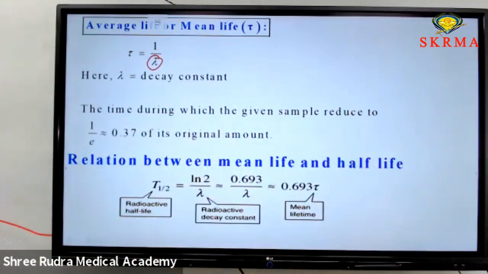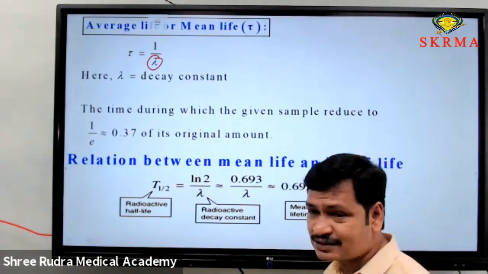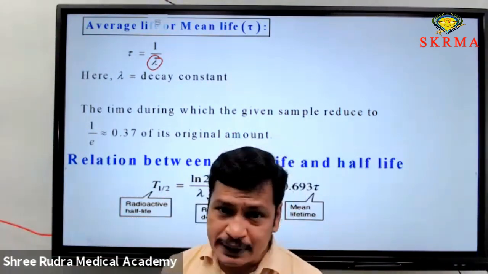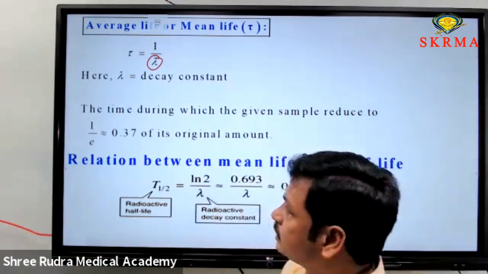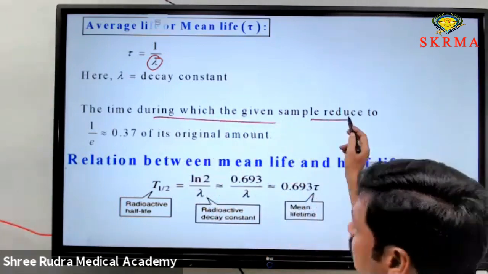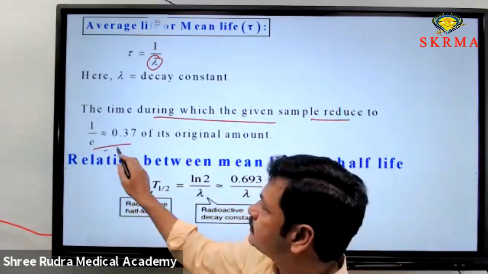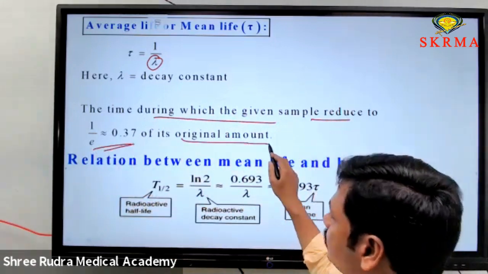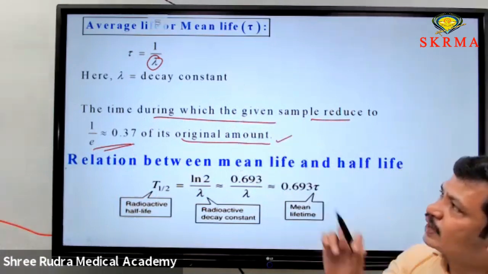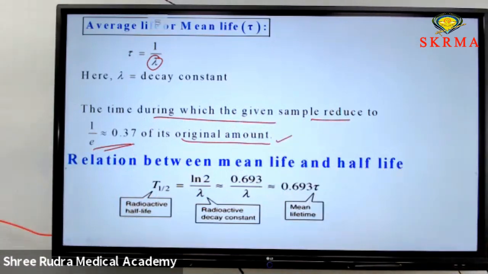Also, this can be expressed as the reciprocal of the decay constant, that is, the time during which the given sample reduces to 1 by e times its original amount.